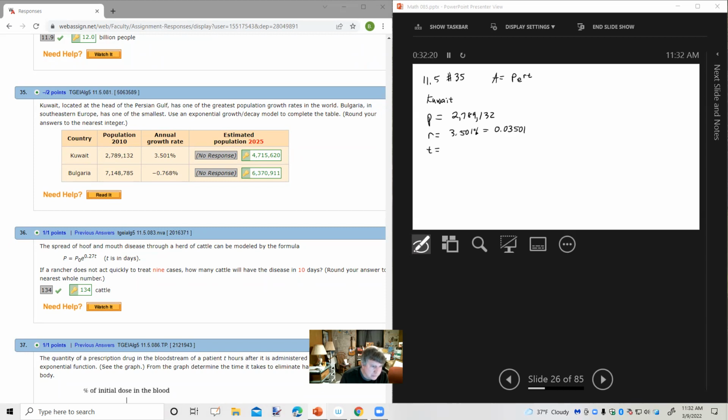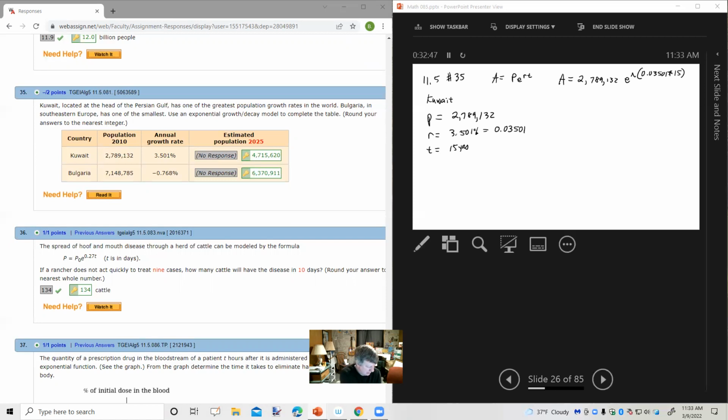And the time from 2010 to 2025 is 15 years. So we've got A equals 2,789,132 times e to the power 0.03501 times 15.